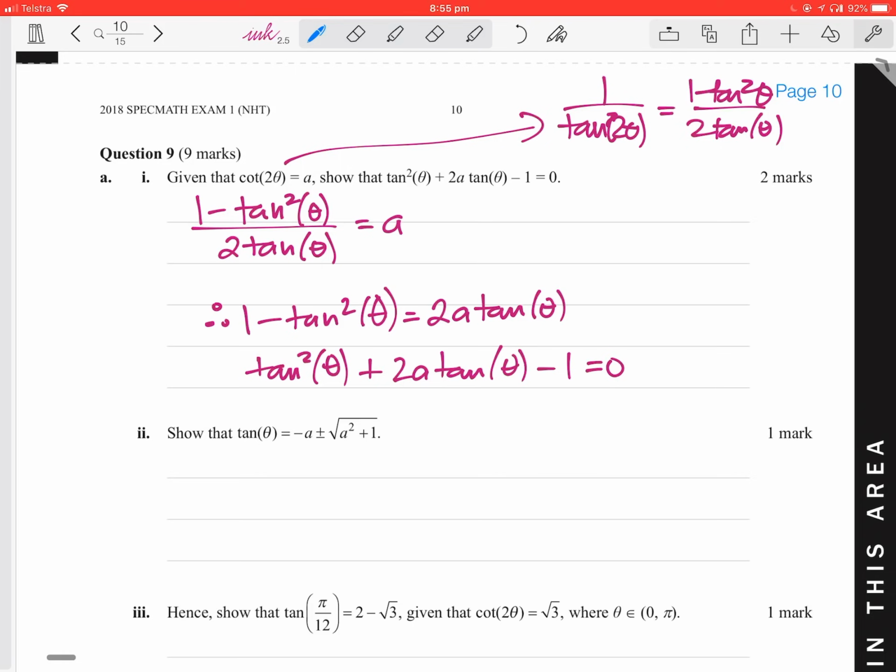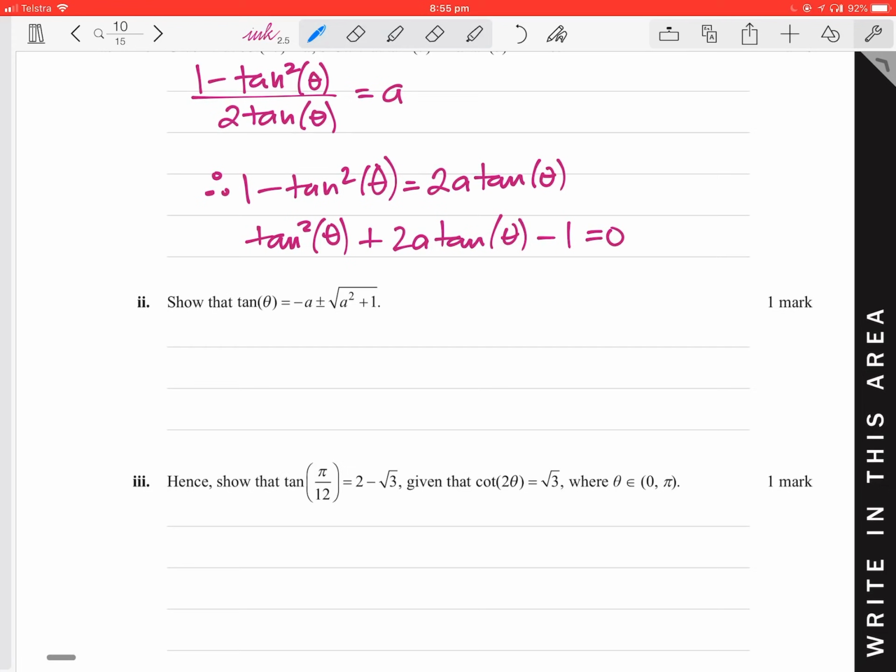Given that cot equals that, show that tan theta is that. So we've done that. Let's complete the square. We've got tan theta plus a, half of 2a, squared. Now I would have added on a squared, so I've got to subtract a squared and subtract 1, which is 0.